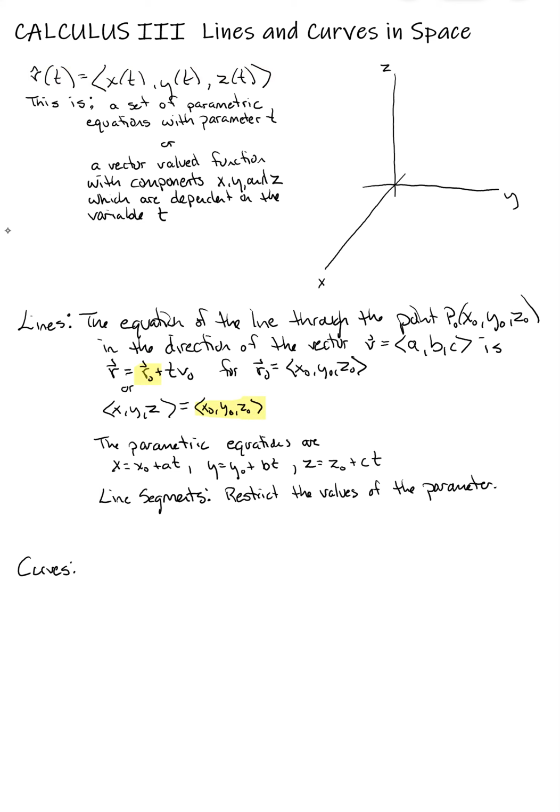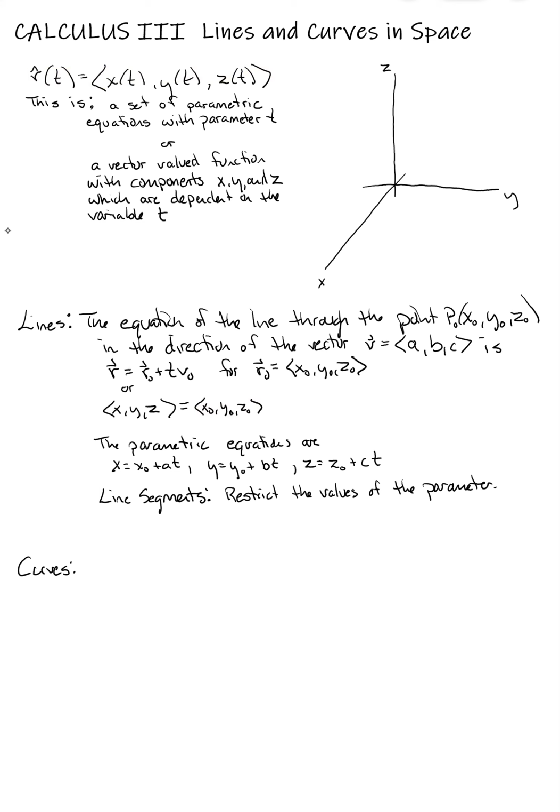So that is the same as r naught plus t times vector v. Oh, and you know what? I don't need a v naught there. There's no v naught. Sorry about that. And vector v is a, b, c. Again, that's this bit and that bit. So they're the same, just a slightly different notation.